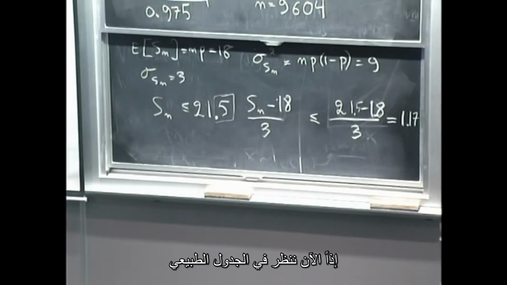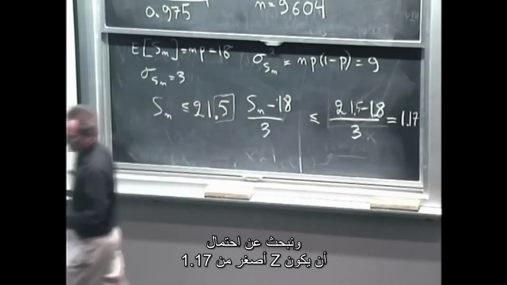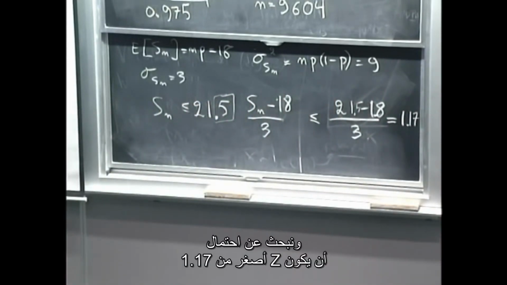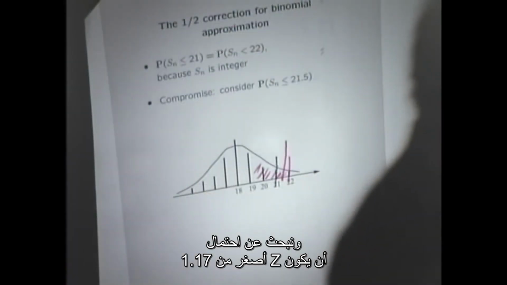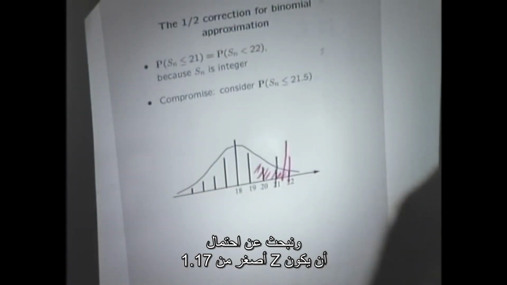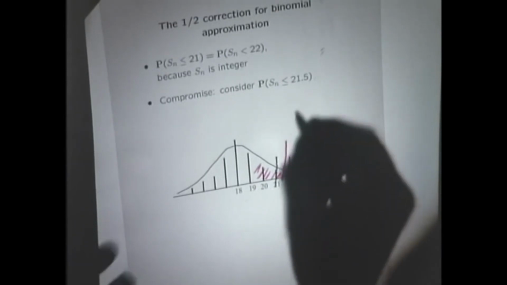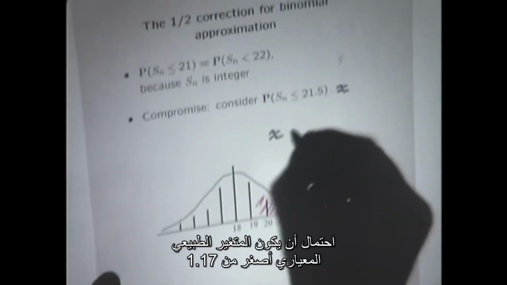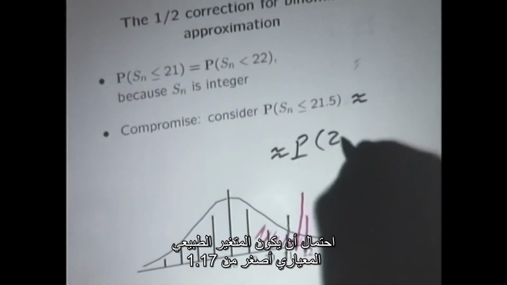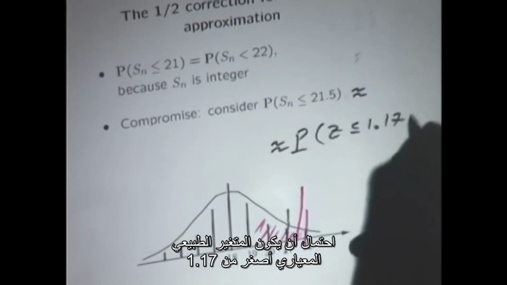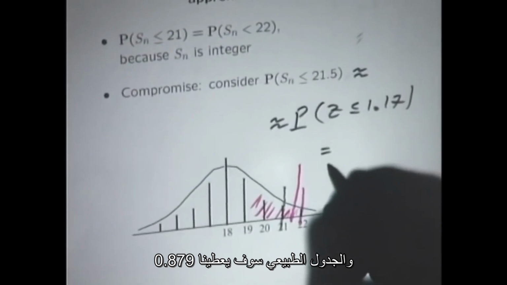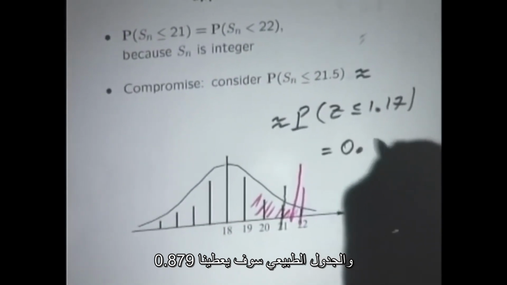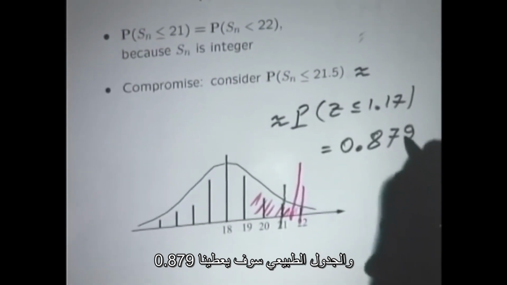So we now look up at the normal tables and ask for the probability that Z is less than 1.17. So this here gets approximated by the probability that the standard normal is less than 1.17. And the normal tables will tell us that this is 0.879.